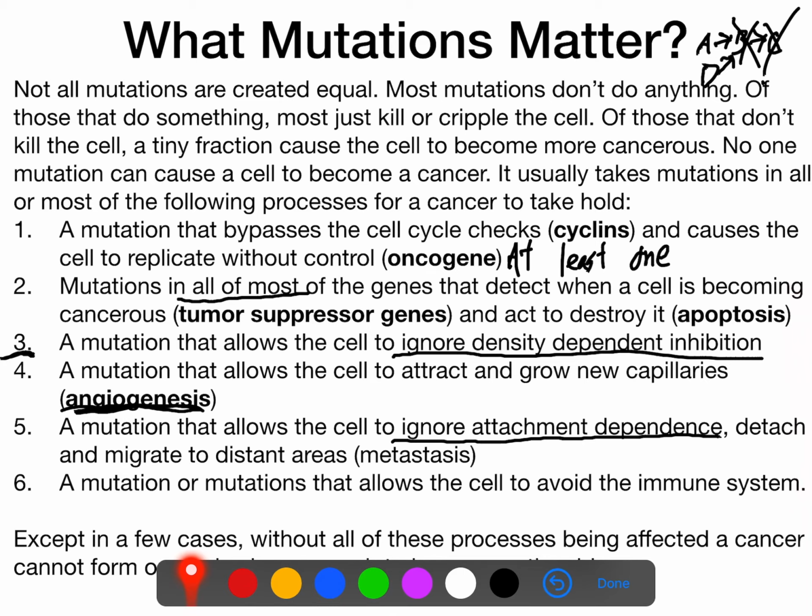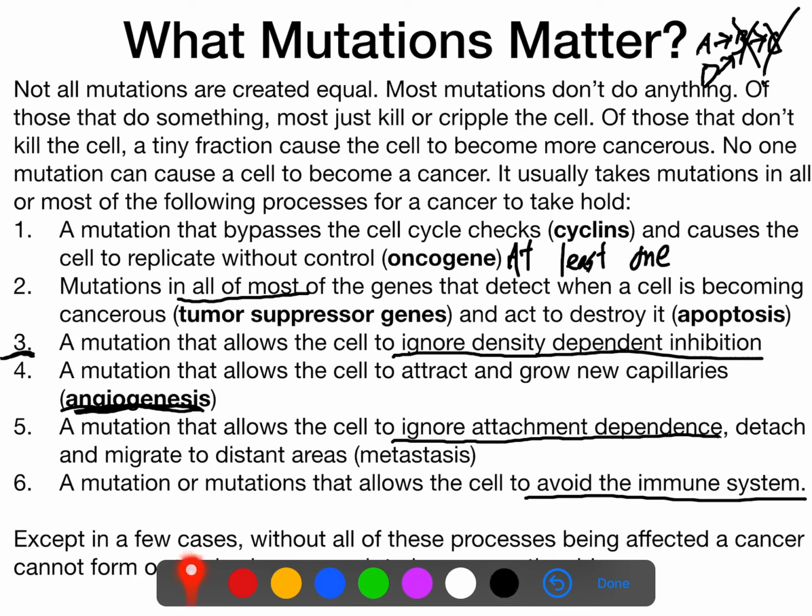So in order to really become a cancer that you will notice and which might kill you, the cancer is usually going to need either to be very, very lucky or to have some sort of mutation that allows it to avoid the immune system.